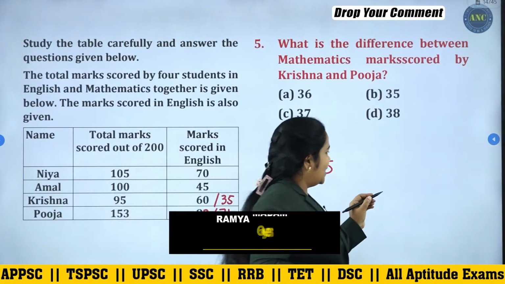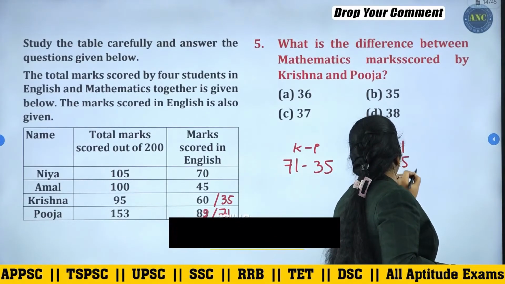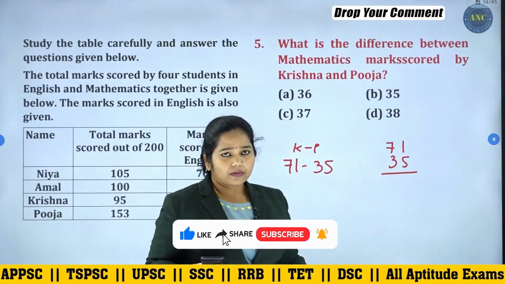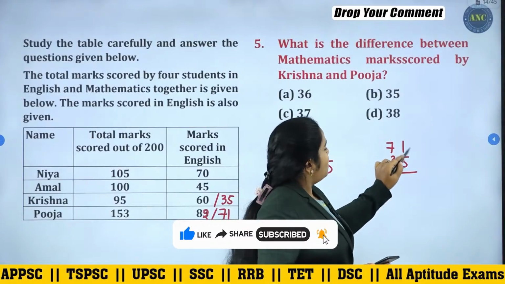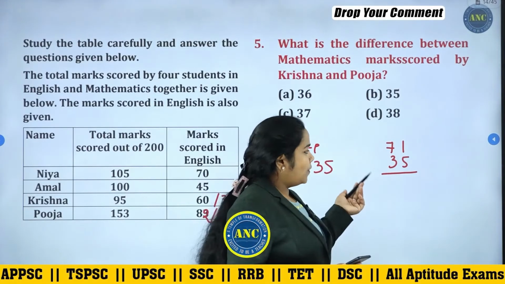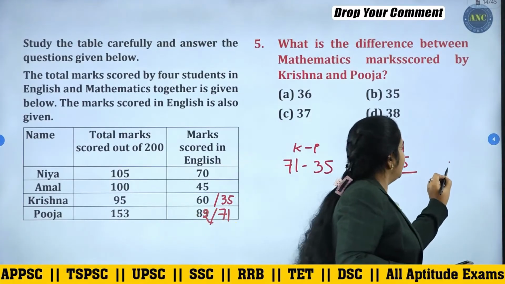Here I'll tell you another short trick. If there are 2-digit numbers to subtract, first check from the last side. Here it's 1 minus 5, so what we'll do is 5 minus 1. 5 minus 1 is how much? 4.